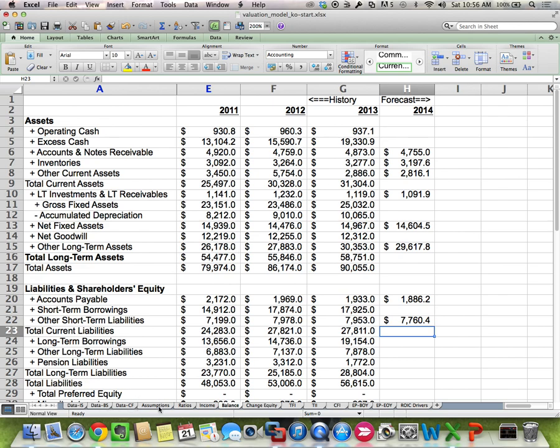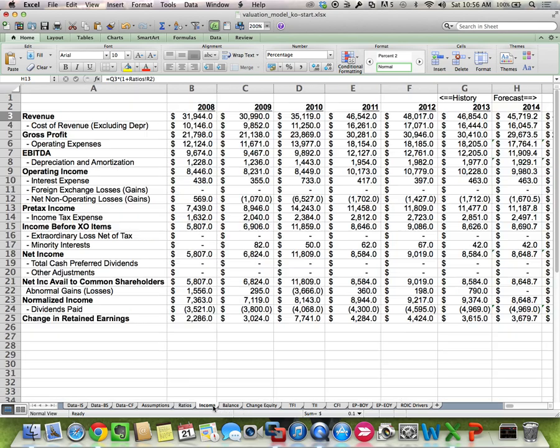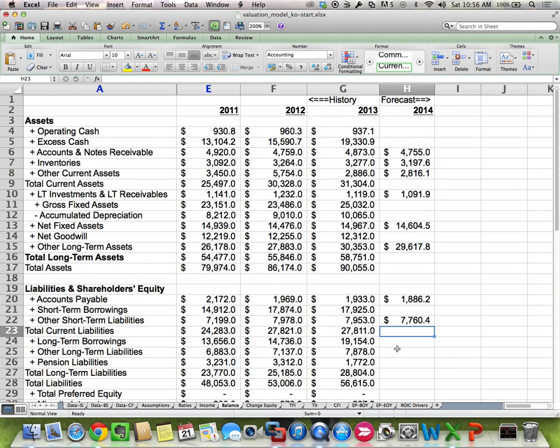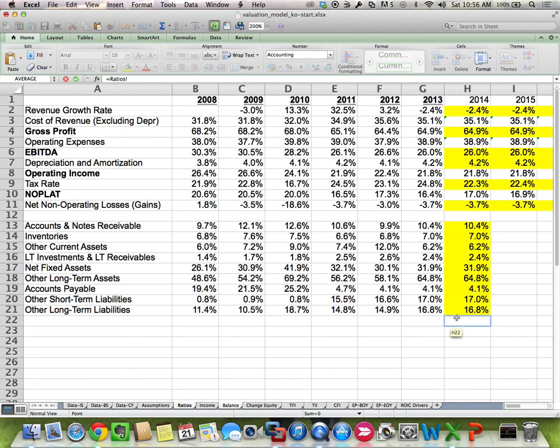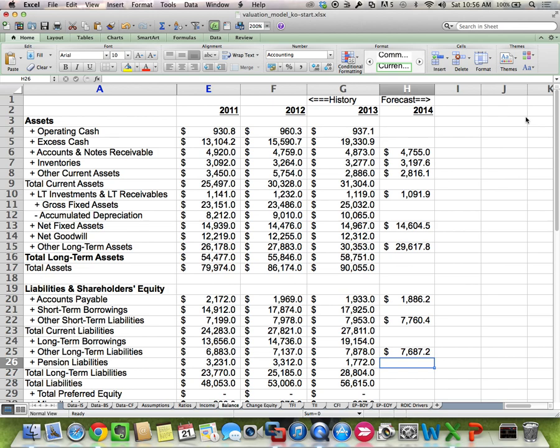And finally, I had other long-term liabilities. So for the balance sheet, other long-term liabilities is a percentage of revenue times income 2014 revenue. So basically we forecasted those 9 items off the balance sheet.